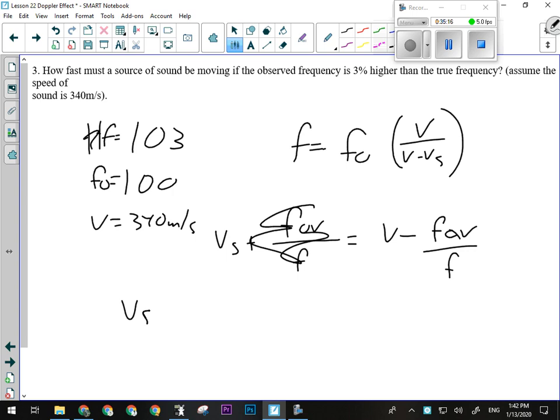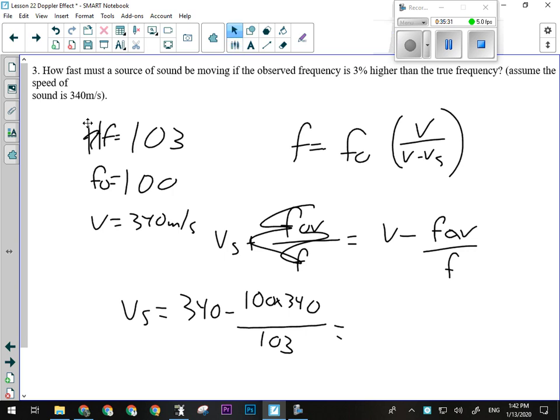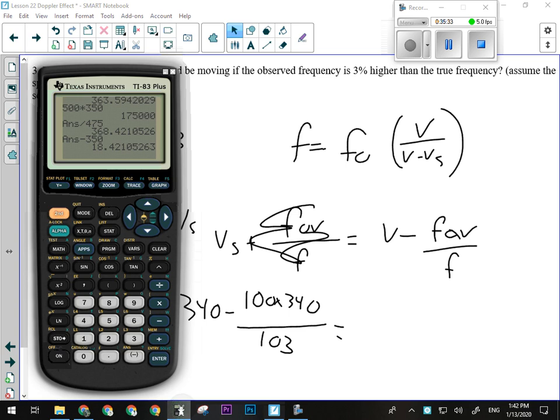That's going to leave me with Vs. So Vs will be 340 minus 100 times 340 over 103. That's 340 minus 100 times 340 divided by 103, so it has to be moving at 9.9 meters per second.